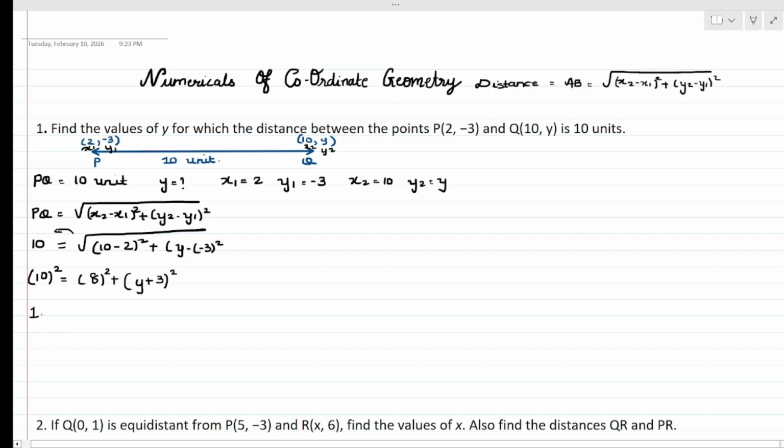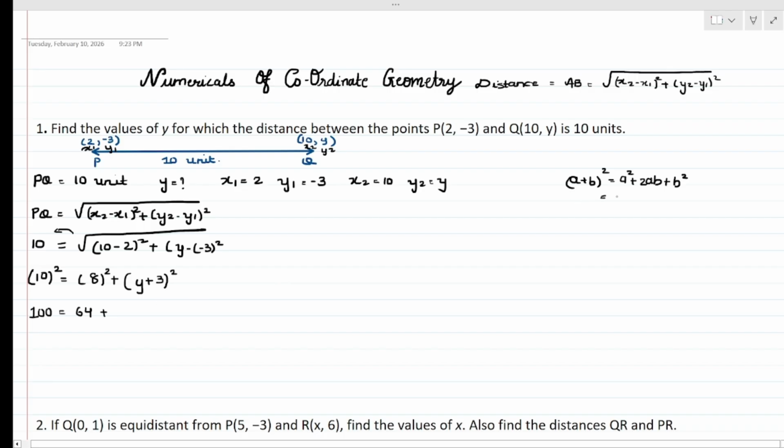10 square means 10 tens are 100 is equal to 8 square means 8 eights are 64 plus. Now you can clearly see over here the identity of a plus b the whole square, which equals a square plus 2ab plus b square. That means in our case a becomes y and b becomes 3.